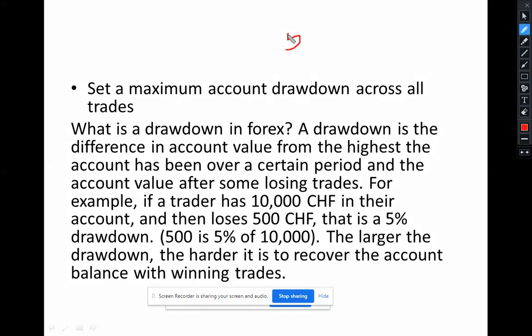I have a $50 account and I lose $10 out of this $50 account. So that means I lose 1%. Let's say the first trade I lost $10, that means I lost 1%.